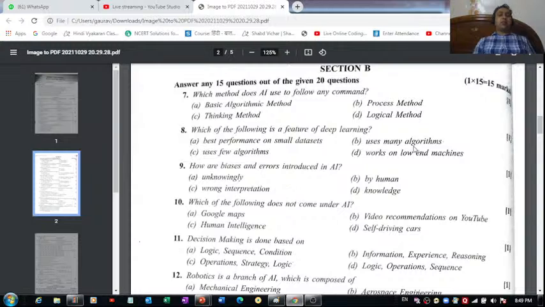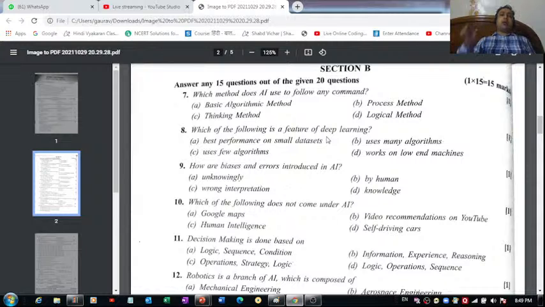Uses many algorithms? Because when we are training a machine in the deep learning phase, we train it with an enormous amount of data, but the number of algorithms that we need to use is very less. If we train it with a large number of algorithms, then the machine may not be able to give us the correct results.